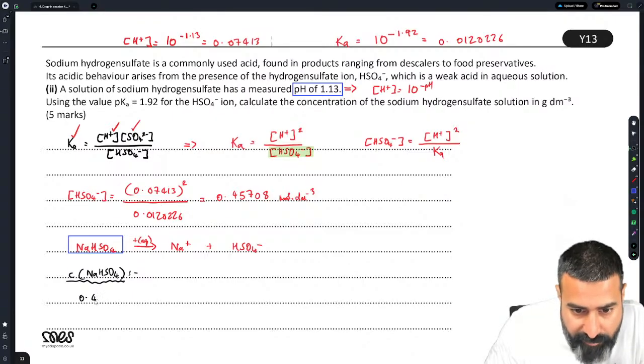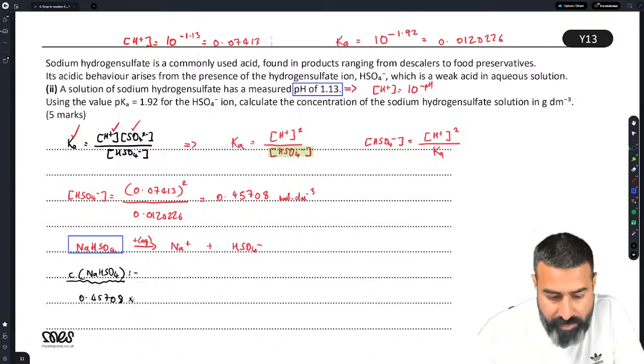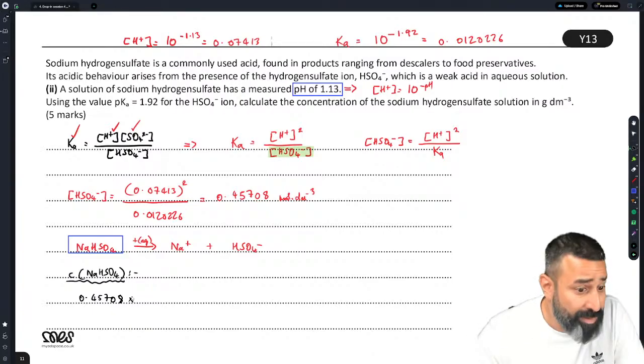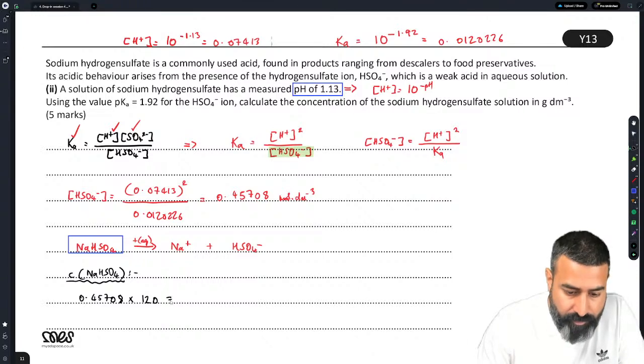So that's going to be 0.45708 multiplied by the Mr. So what is the Mr? 32 plus 64 plus 24. Is it 120? So times that by 120, what do we get? Do we get 54.849?